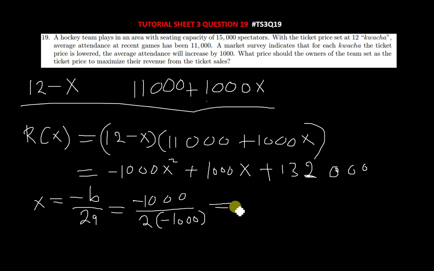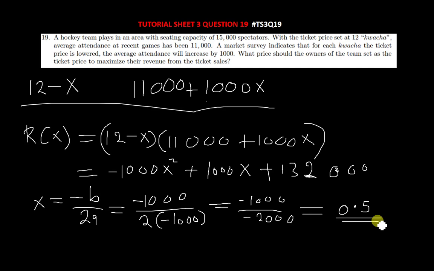So our reduction will be negative 1,000 over negative 2,000, which will now just give you 0.5. So this is the actual value of x at the maximum revenue.